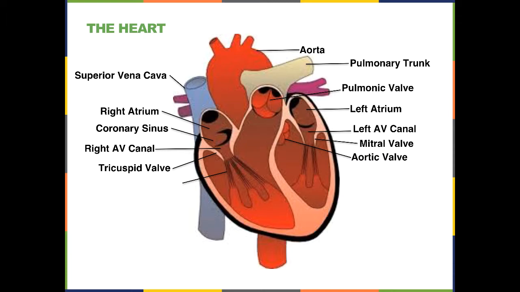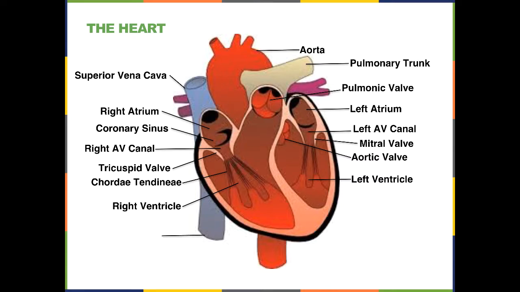These little cords that attach to the tricuspid valve are called the chordae tendineae, and they help hold the valve open when it needs to be open and allow it to shut when it needs to shut. The large chamber on the left is the left ventricle, and on the right is the right ventricle.